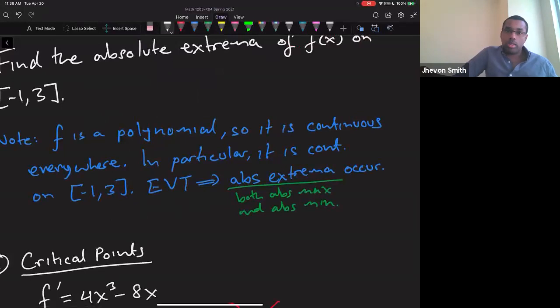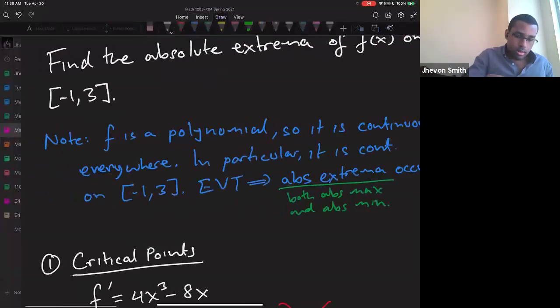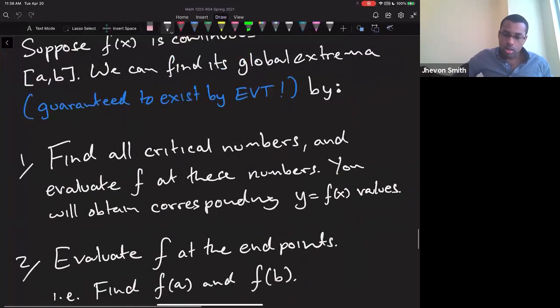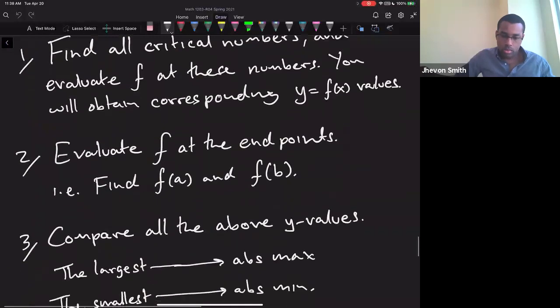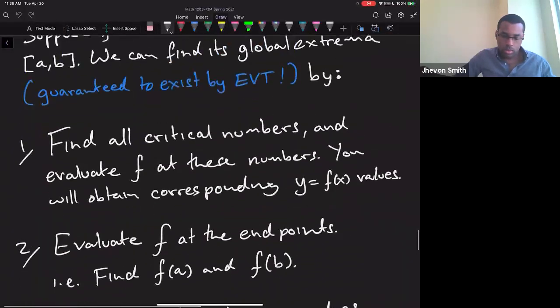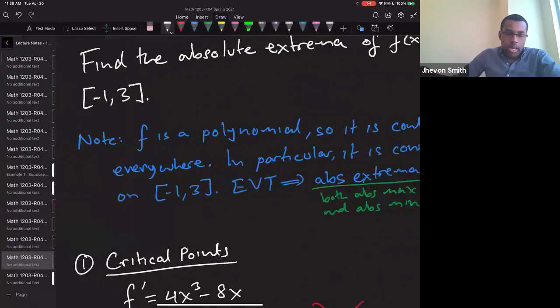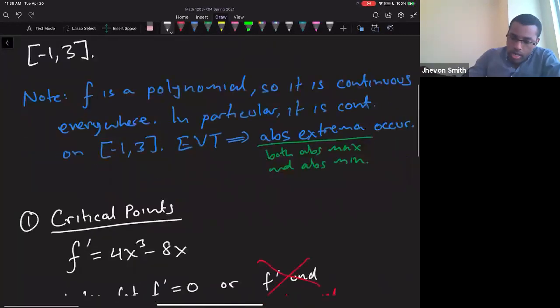We're on the interval -1 to 3, and if you recall, the steps say you want all critical points that are in the interval. So we only care about being on the interval -1 to 3.